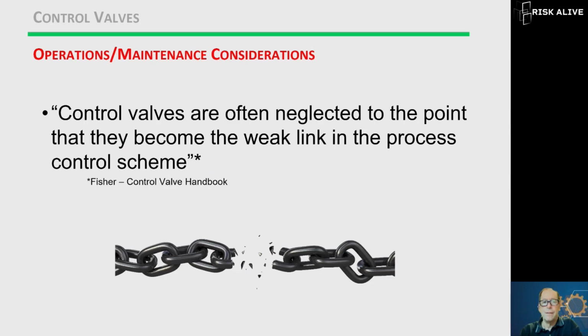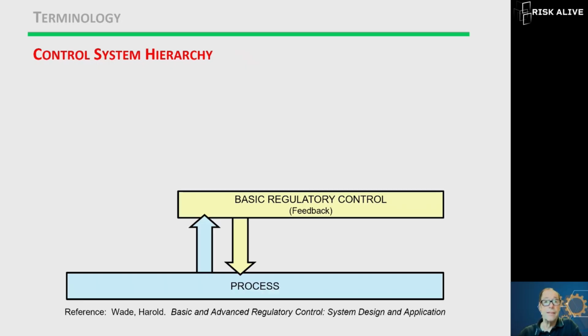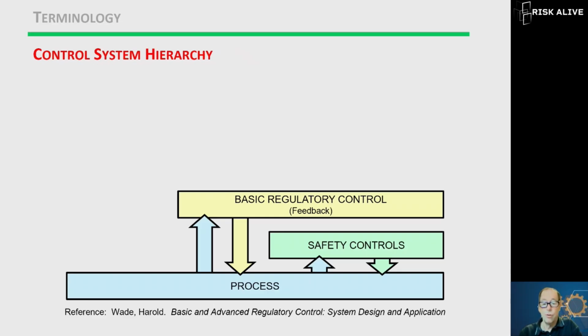But the control valve then is the endpoint. And if we neglect that, then all the sophisticated software in the world is not going to keep our loop working properly. So we want to make sure that we understand the field side of things as well as the control system side of things. But we will get into the controls and we look at some basic control system hierarchy. So we're focused on basic regulatory control and safety controls and how they interact here with the process.